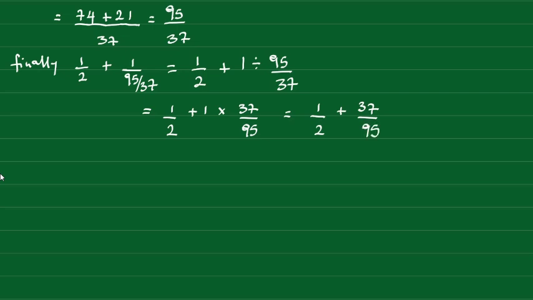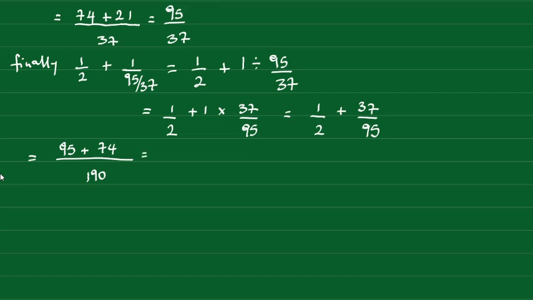All right, we get our LCM in solving this. The LCM of 2 and 95 is 190. So 190 divided by 2, we have 95. 95 times 1, we have 95 plus 190 divided by 95, we have 2. 2 times 37 gives us 74.